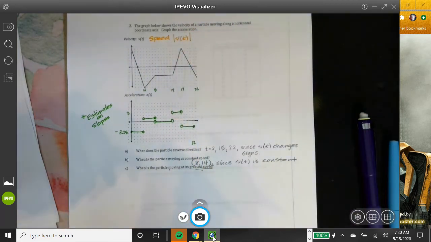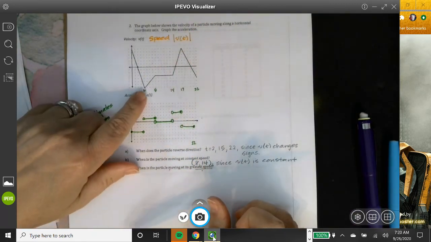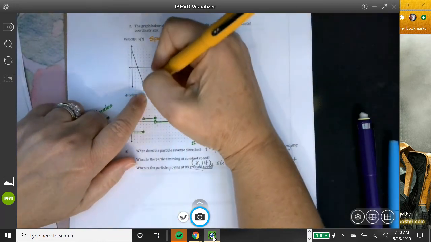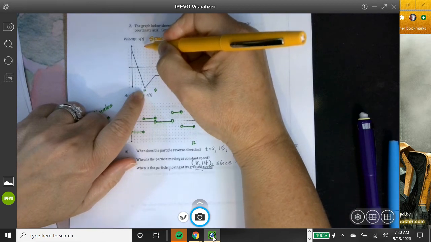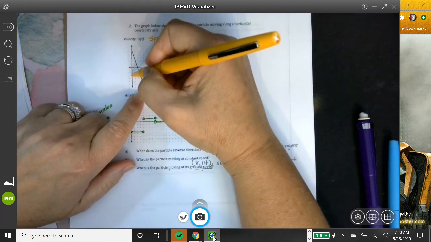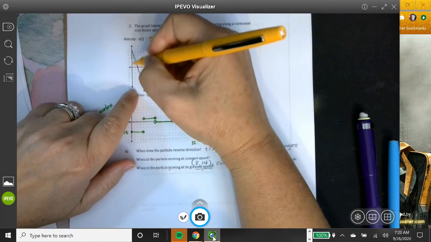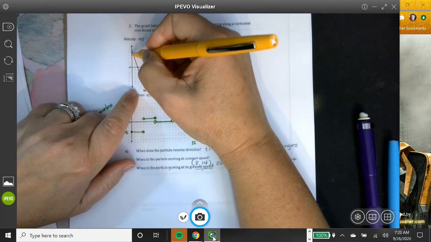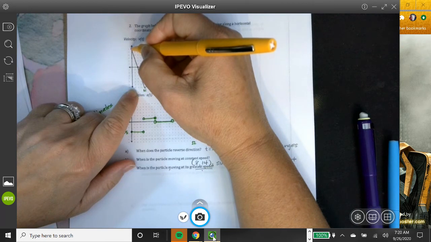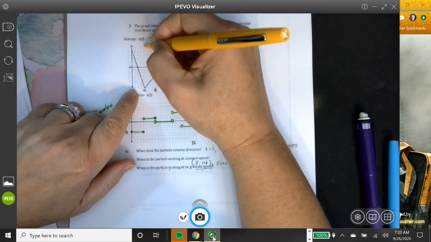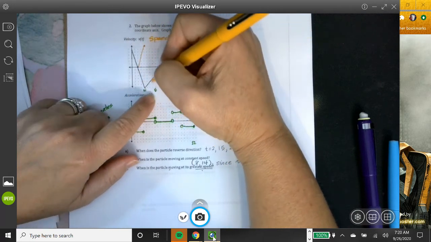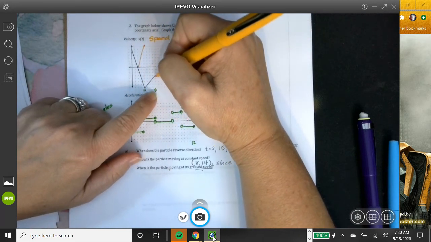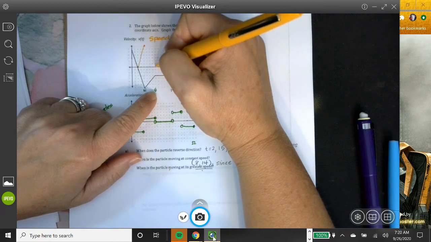So how do I draw the speed graph given this graph? Well, I'm going to take all the y values here that are negative and force them positive, okay? So we're going to go all the way to the top up here. This is 1, 2, 3, 4, 5, 6, 7 down. 1, 2, 3, 4, 5, 6, 7. So it's going to go all the way up to the top here. So it's going to go from here to here, and then it's going to go to 3. 1, 2, 3.